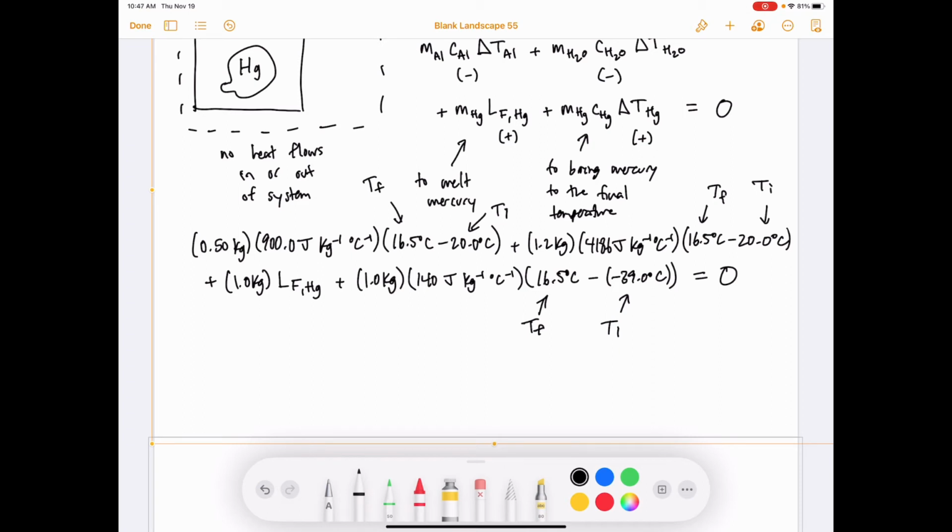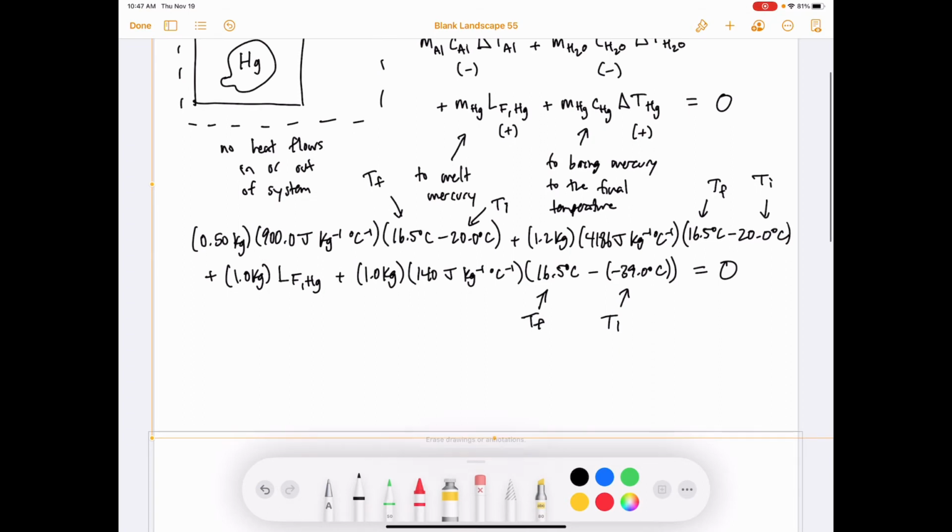All right, so if you crunch the numbers, the very first term comes out to minus 1,575 joules. If you look at the units, kilograms cancel, degrees Celsius cancel, so we're just left with units of joules. For the second term, works out to minus 17,581 joules.